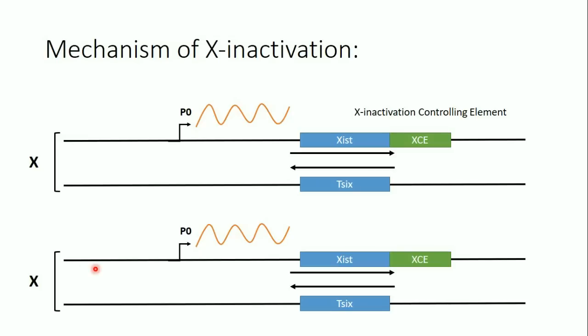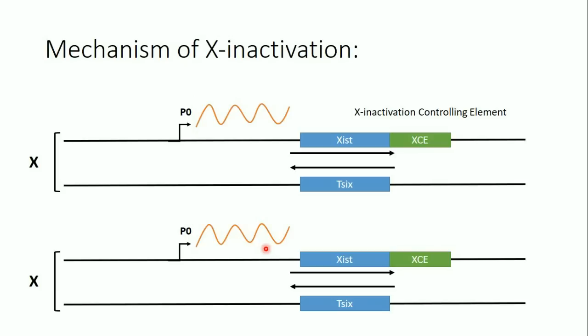Now, first, in the early embryonic stage, both X chromosomes express the XIST, but the transcription of XIST starts from a promoter called the P0. You're seeing this is the promoter. The RNA you're seeing here is a non-coding RNA. What does non-coding RNA mean?